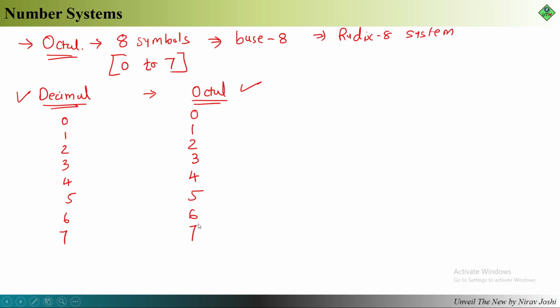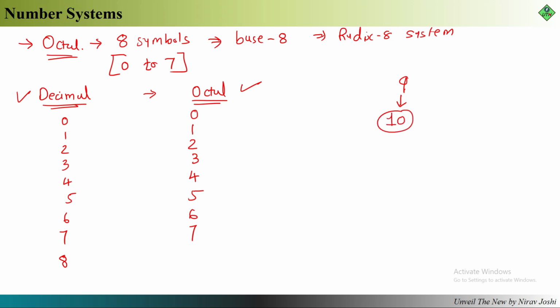What changes is after 7, because in the decimal after 7 we get 8, but in octal we do not have a symbol like 8. So what will come after 7 in octal? We will understand this using the decimal number system only. In the decimal number system, the last symbol we have is 9. What comes after 9 in the decimal number system? We all know that after 9, the number that comes is 10.